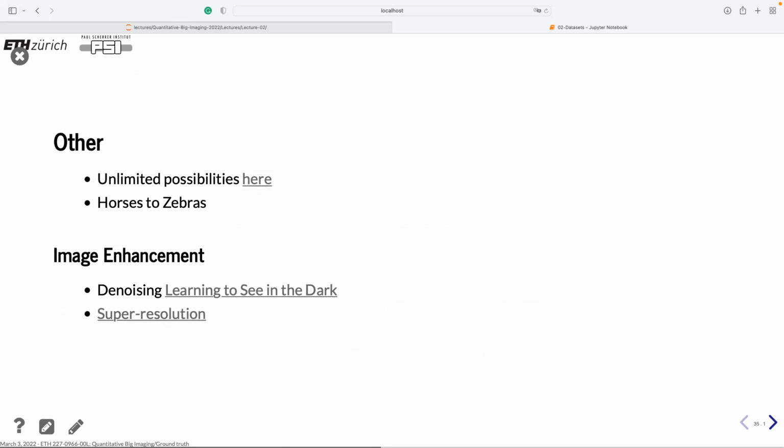It could also be used for image enhancement, as I mentioned before, where you learn some algorithm to enhance the data somehow, or going towards super resolution. That is when you make several images, usually a little bit offset, maybe randomly, and then from that you can resample the image and achieve higher resolution than the imaging system can actually give you.